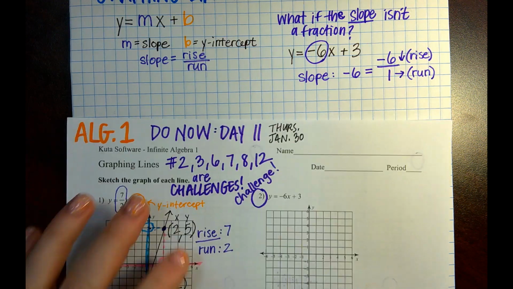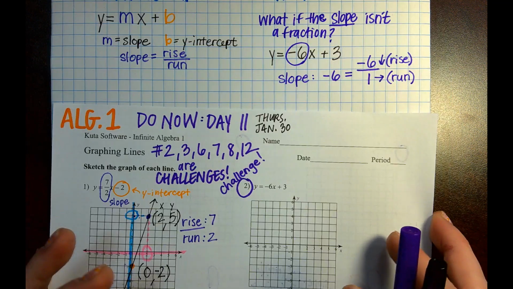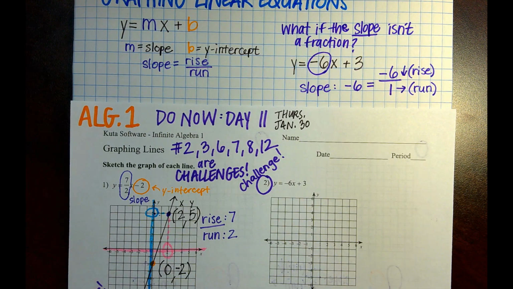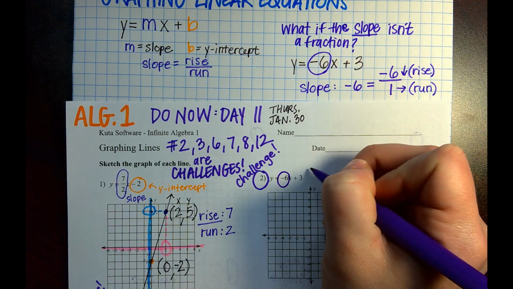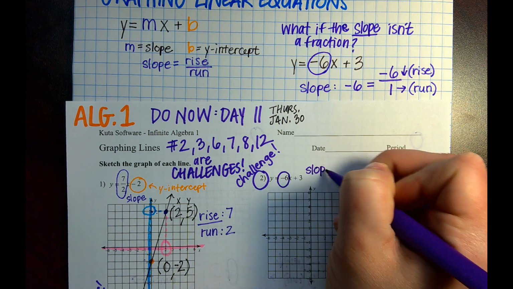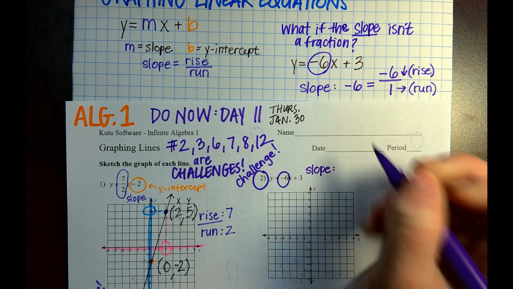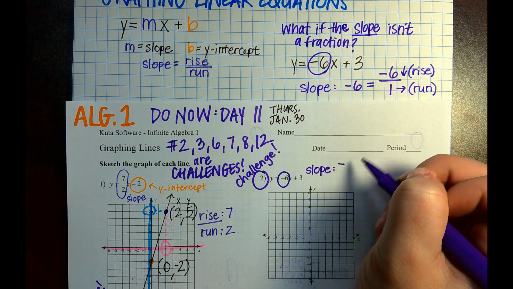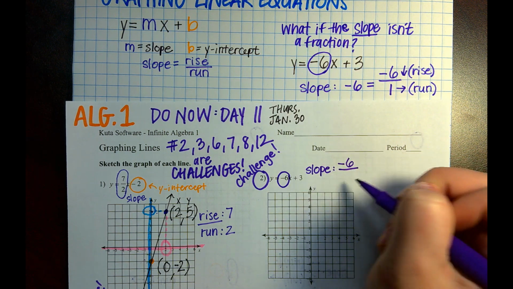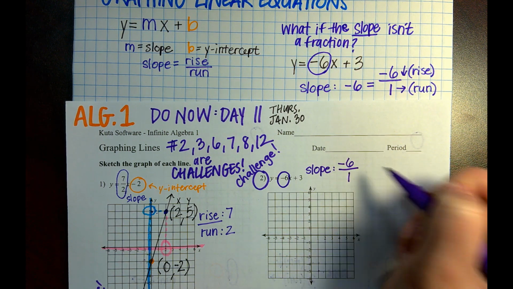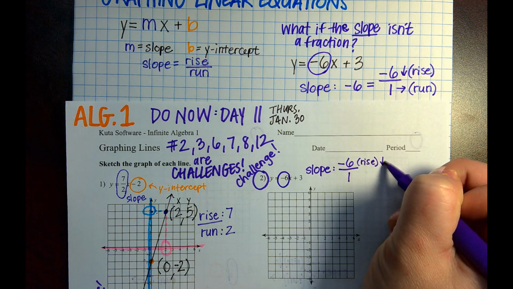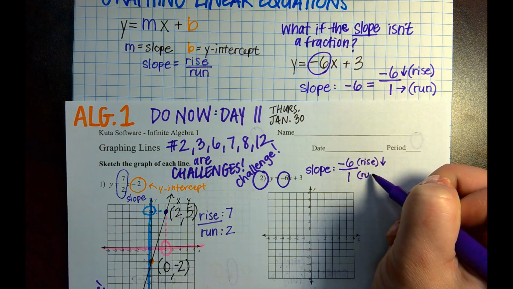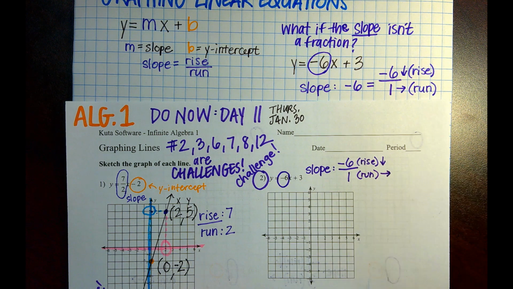So I'm going to write on number 2 on my worksheet that since my slope is -6, just like we said above, the slope is actually negative 6 over 1. My rise, I'm going down 6. My run over 1.